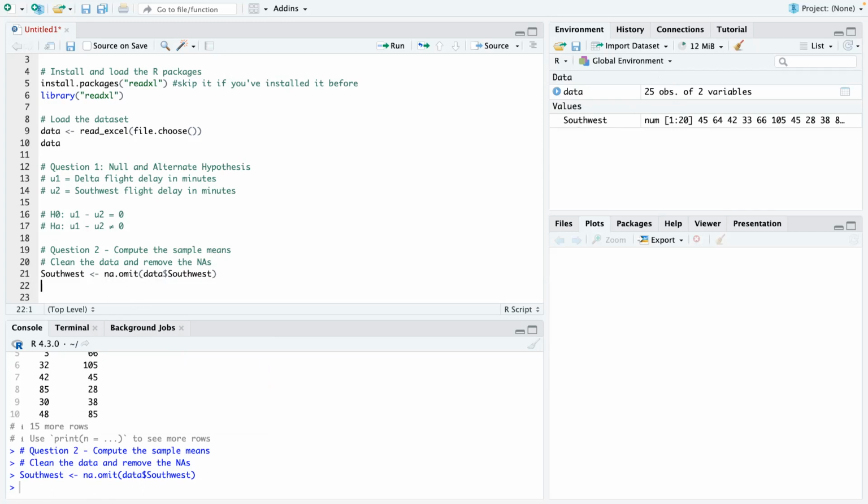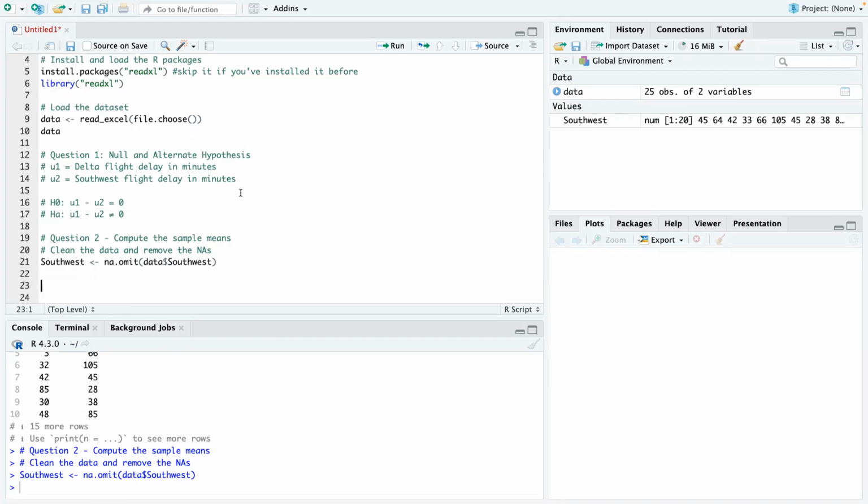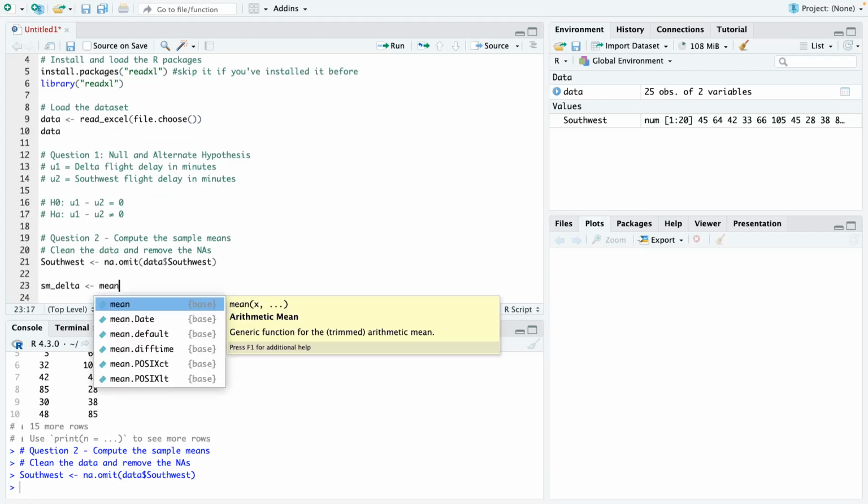Now we can calculate the sample means. Let's start with sample mean underscore delta, maybe I can put it like that. Yeah, sample_mean_delta.